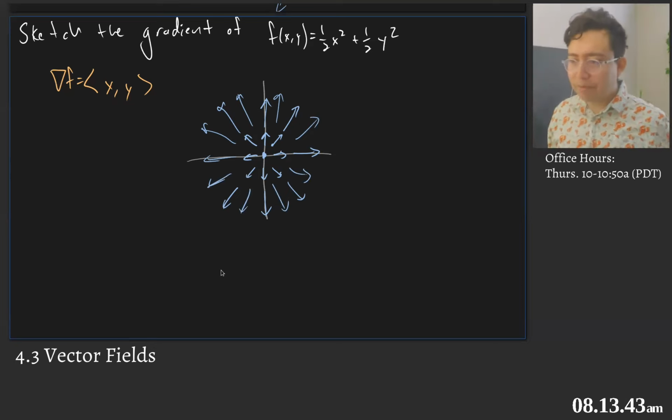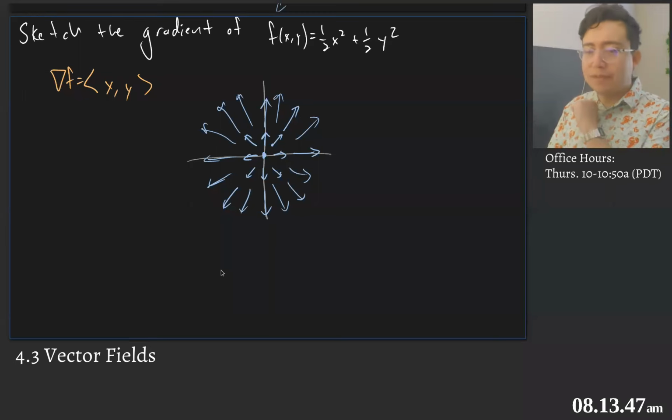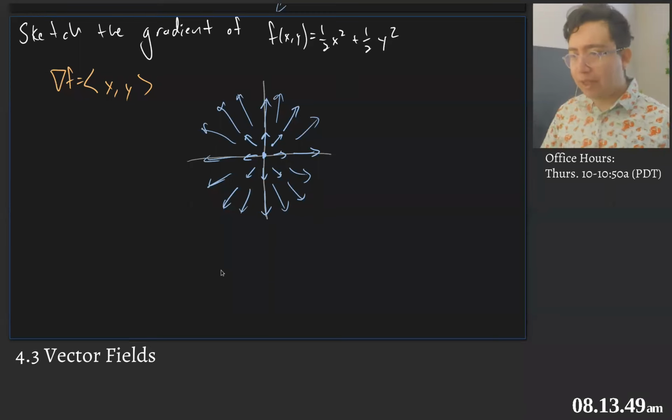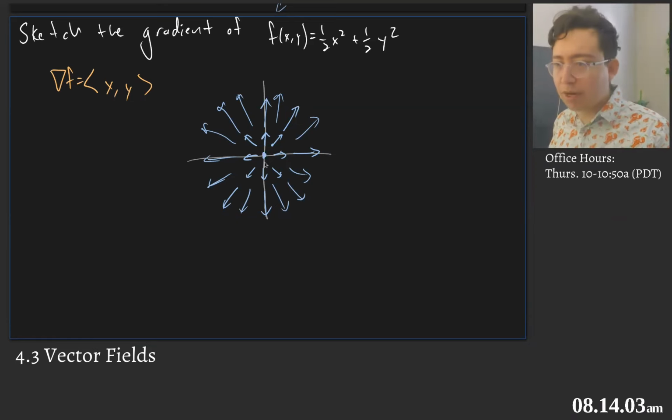So let's think about what that means in terms of the graph. What happens on the graph of this function at 0, 0? At 0, 0, we have some fancy vocab words that we learned last week to describe what's happening.